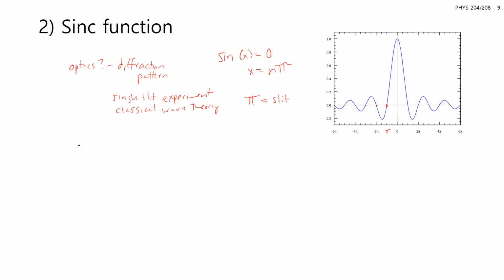So overall, we can say that the top hat function of a width of a for a given value x has a Fourier transform that is a sinc function. I'm using this arrow to represent the Fourier transform, and then I can draw an arrow this way, and that represents the inverse Fourier transform.